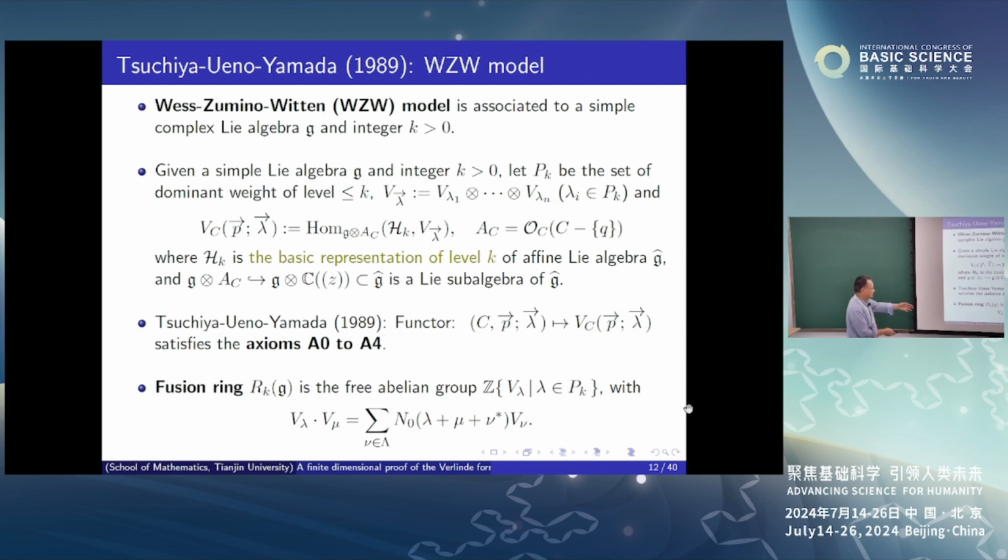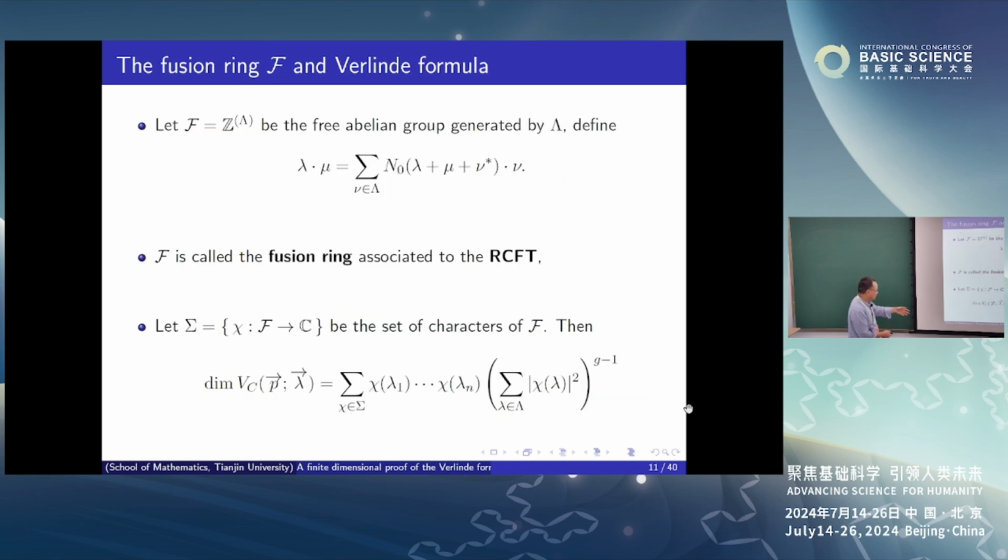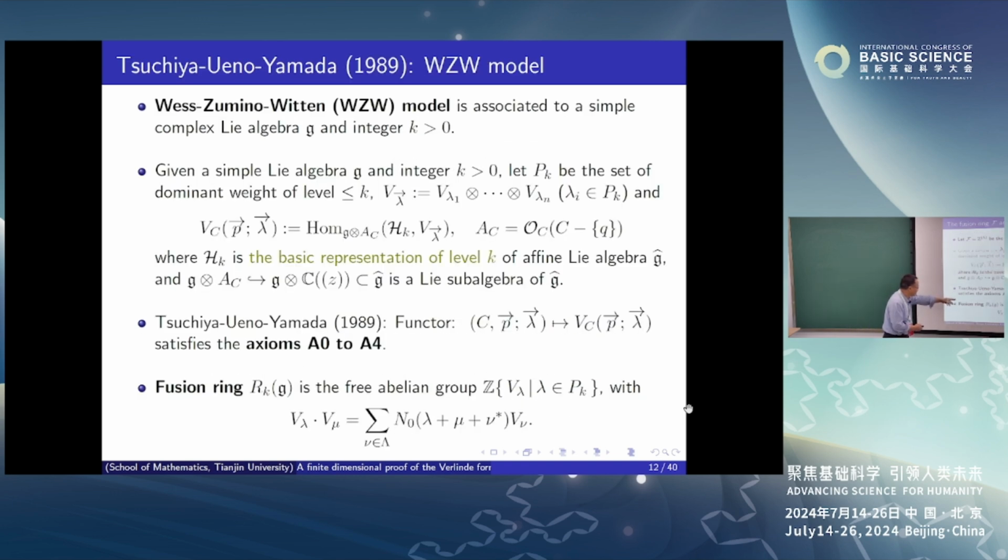The free group means you take the tensor product, and then you define the product again. So it's a fusion ring. Now if you try to compute the dimension of this space, according to this, you have to determine all of the characters of this fusion ring.